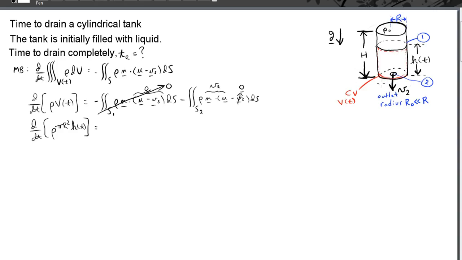And this is a good approximation because it's open to the free surface. And the bottom of the tank is very thin, so it's not like we're flowing through a conduit where we'd have like a parabolic or other type of velocity profile for our laminar. It's just a liquid jet coming out. The jet has uniform velocity at V2. And so the right-hand side is equal to minus rho V2 multiplied by the surface area S2, which is simply pi R0 squared.